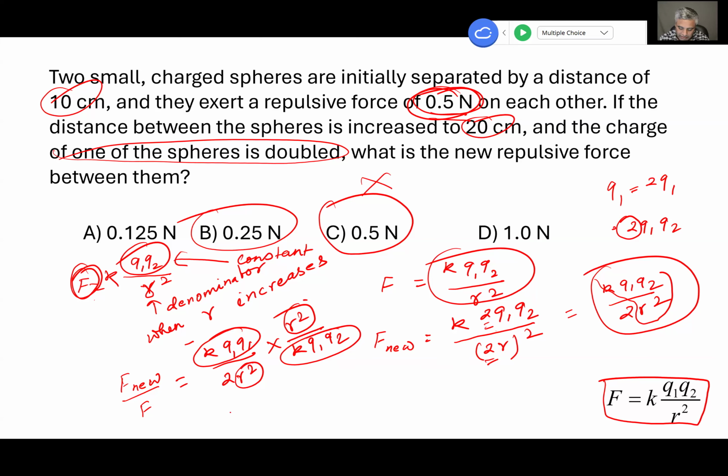So we have half on this side, so F new is half of F. Half of 0.5 is a quarter Newton. This is a systematic way of doing it, but you don't have to do all this. You can just look at the equation and see how things are changing, whatever you feel comfortable with. Again, thank you for reminding me that the charge was also changing.